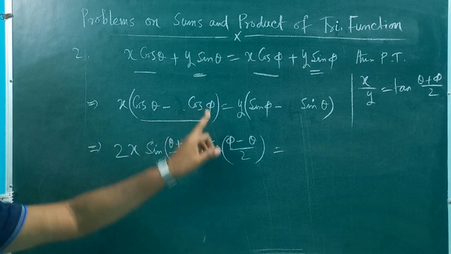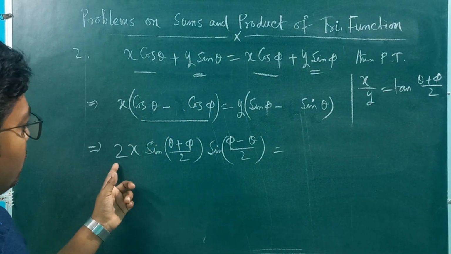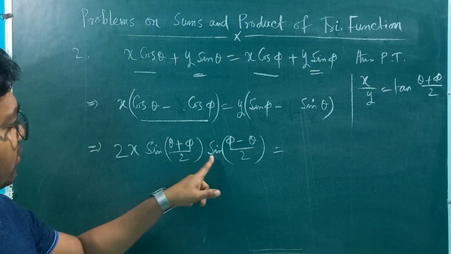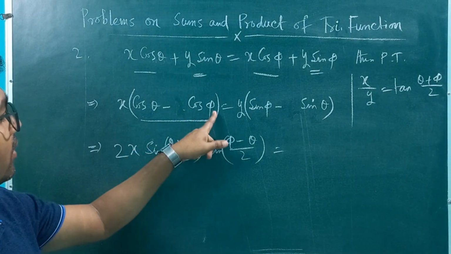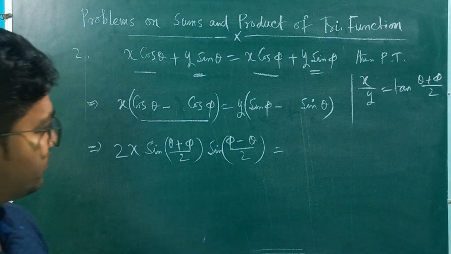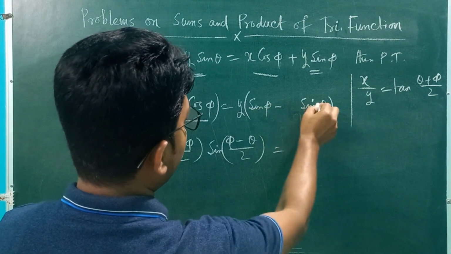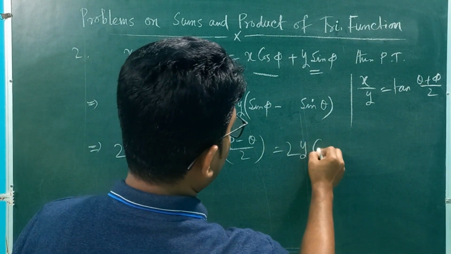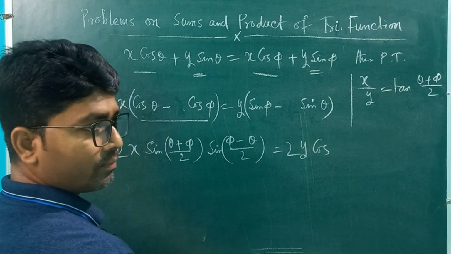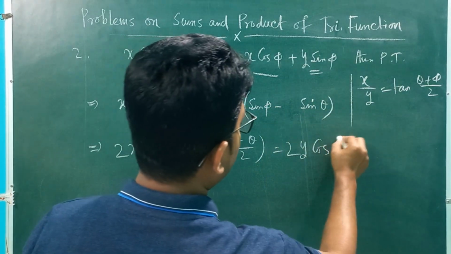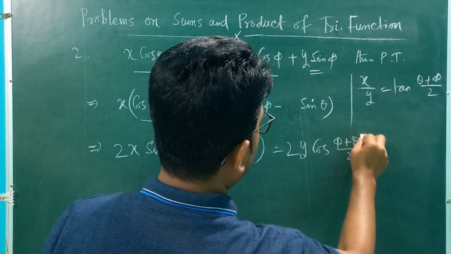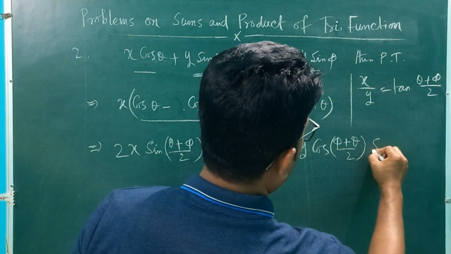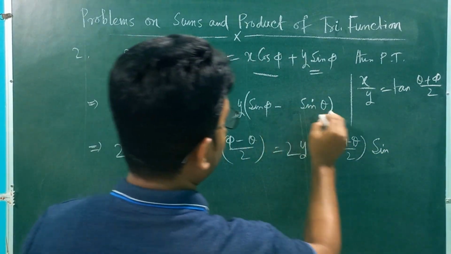Cos c minus cos d equals 2 sin of (c plus d) by 2 sin of (d minus c) by 2, this angle is first. Now what is sin c minus sin d? Here also 2, and as this one is minus sin, cos is the first term, cos of (c plus d) by 2 into sin of (c minus d) by 2.